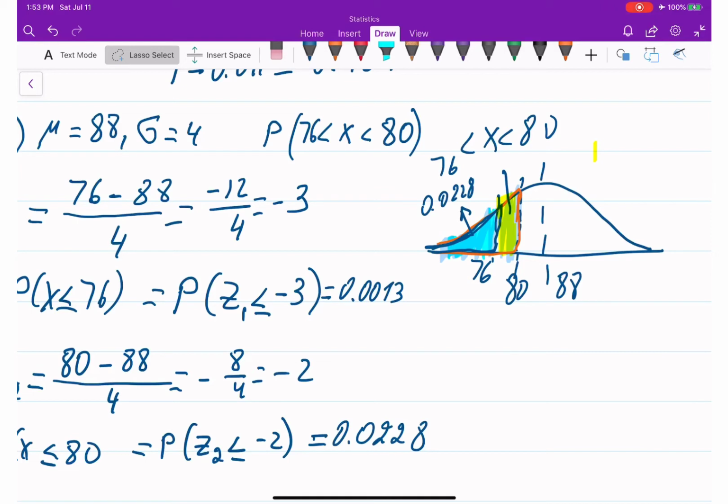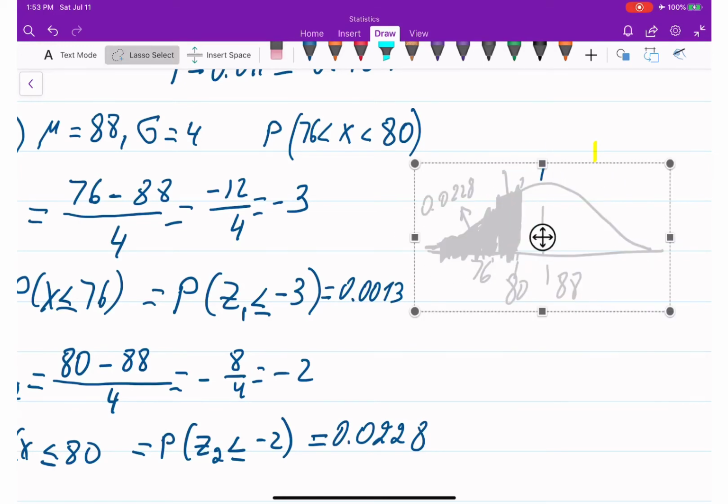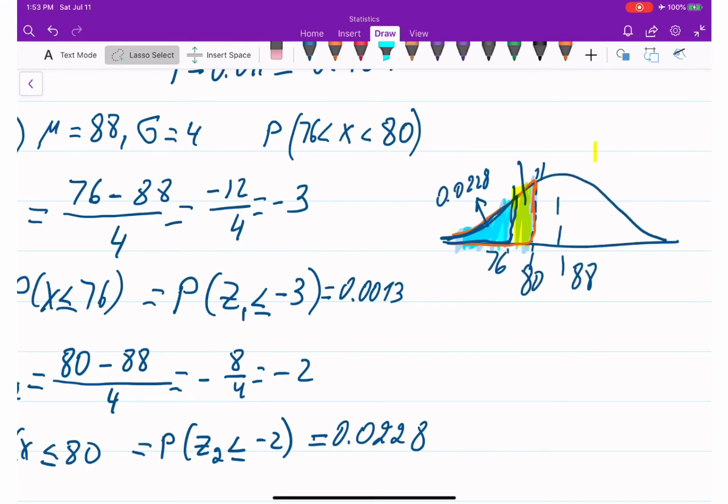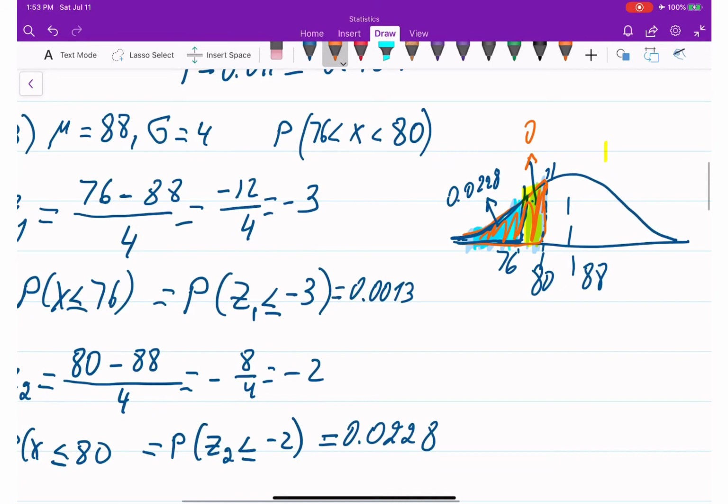Okay, let me move a little bit away. Let me clean this. I don't need this here anymore. Okay, this will be better. So this is 0.0228, the whole orange area.